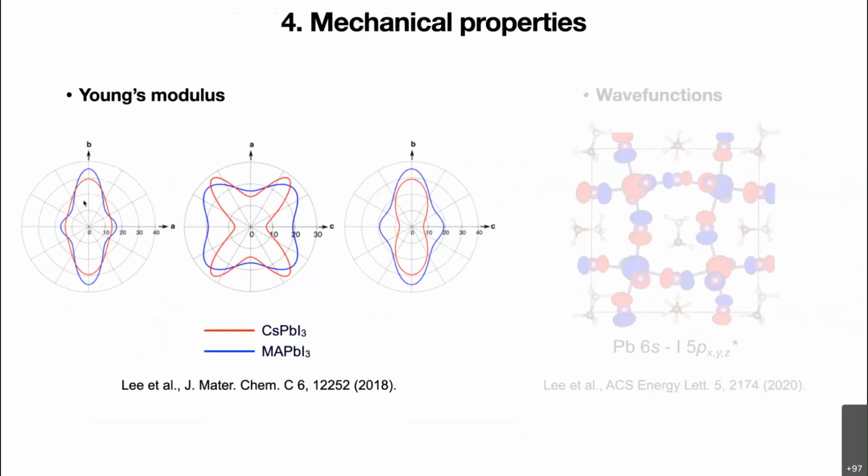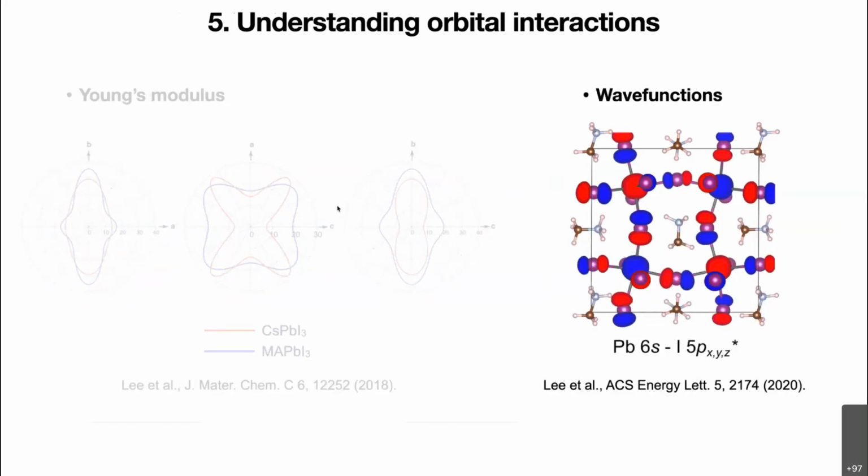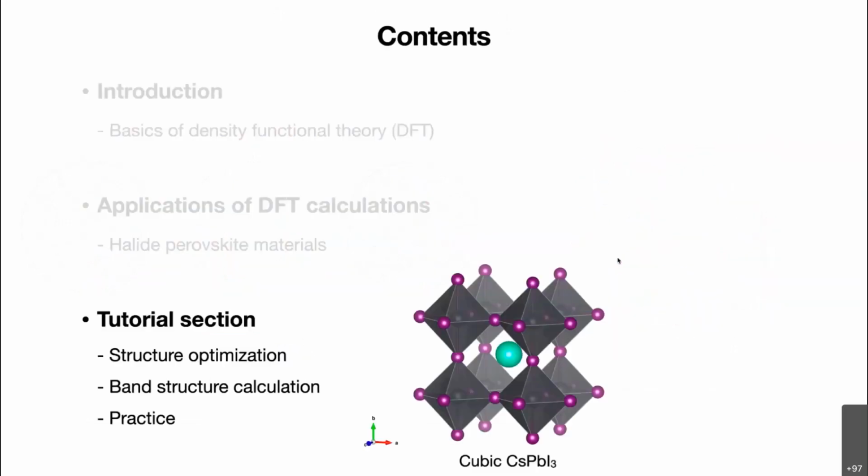These are the Young's moduli of the halide perovskite, the directional-dependent Young's modulus on each plane. We also use the electron density to get the wave function, so you can see orbital interactions too. So these are applications, and let's move on to the tutorial sessions.